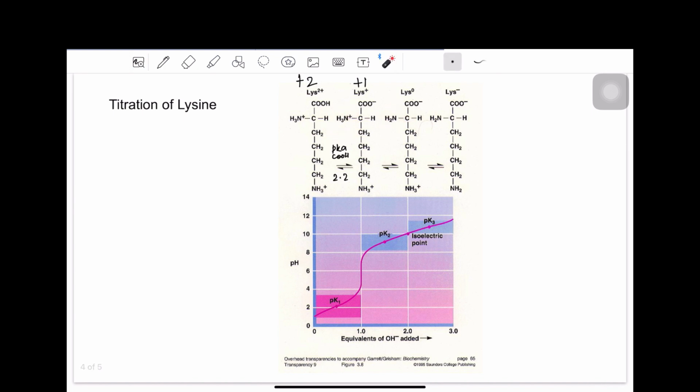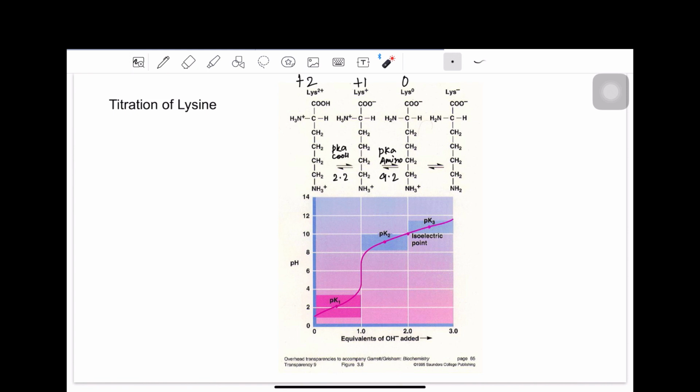At which pKa value? It is mentioned in the question that the pKa value of the amino group is 9.2. So when the alpha amino group loses its proton, then the net charge on this molecule will be 0. Why 0? Because these two positive and negative charges are neutralized. So the net charge on this molecule is 0.